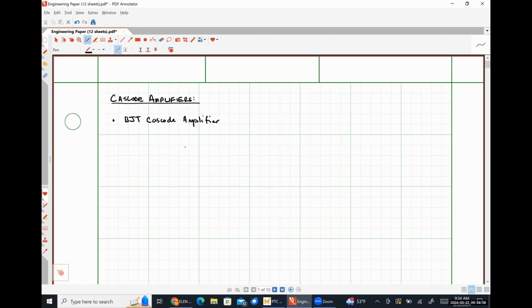So we are going to start with a representation where we are using a current source to bias things. So this is our bias current source. Here's VCC. And then down here is where we're going to hit our transistors. So at this node is where we're going to take our output voltage.